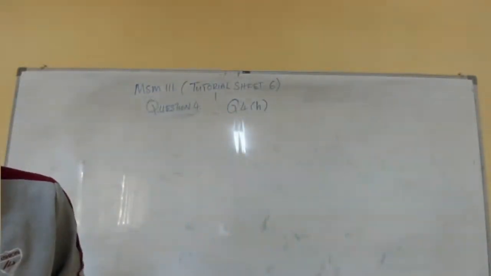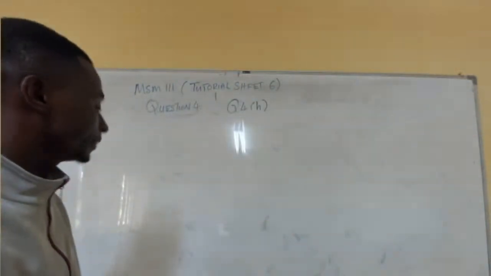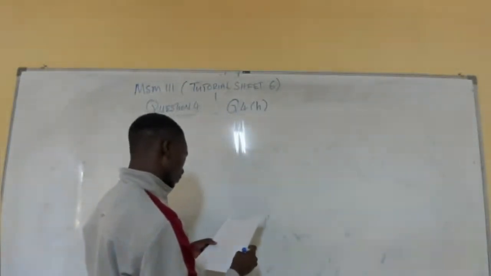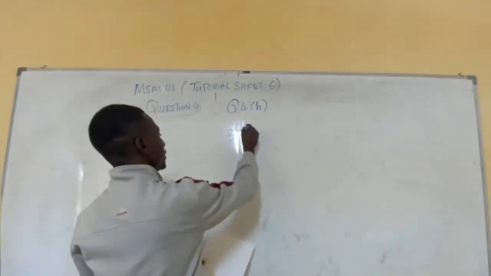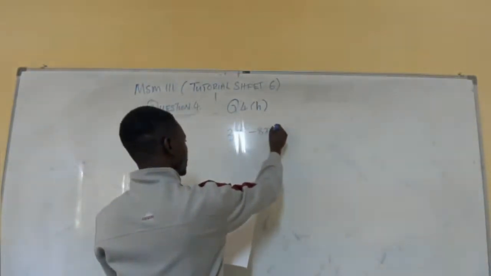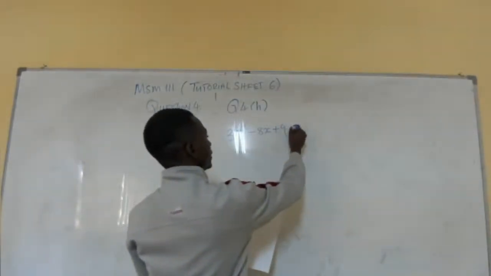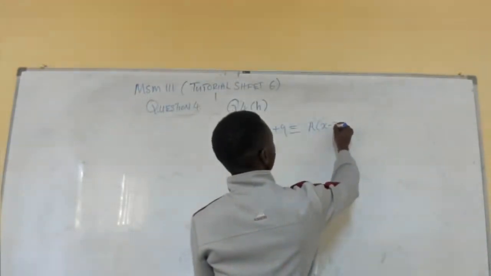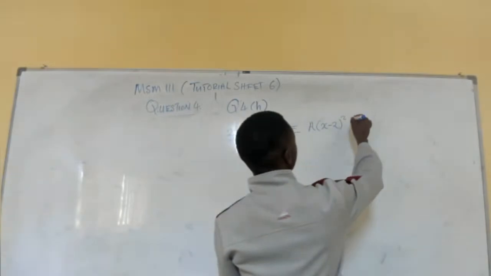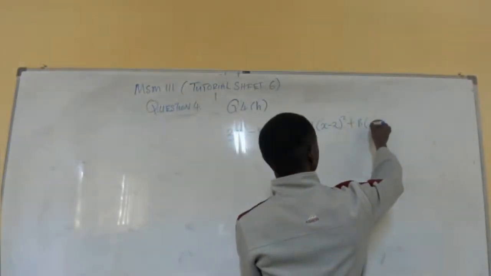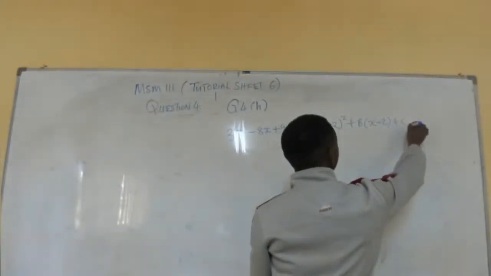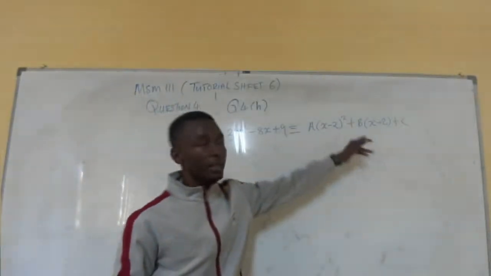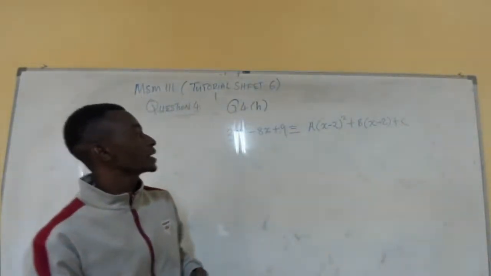Let's find the values of A and B. So we have 3x squared minus 8x plus 9 equals A(x minus 2) to the power 2 plus B(x minus 2) plus C. For you to find the values of A and B, you are supposed to expand that expression.